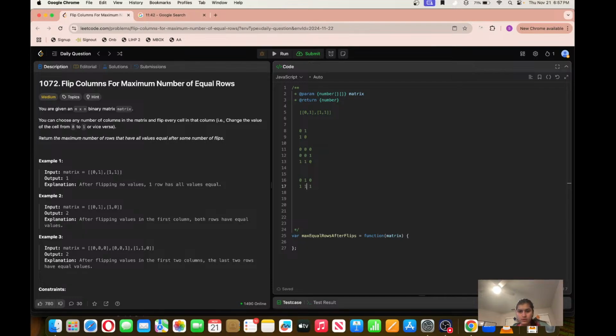So if this can be 1, this can be 1, and this can be 0. See, I just flipped one column, and it became equal.